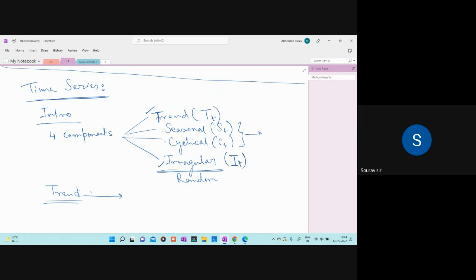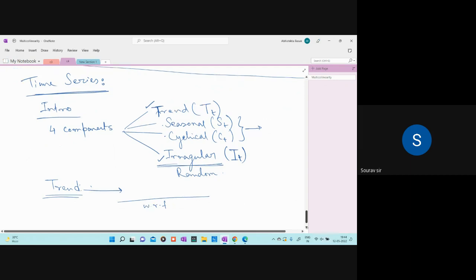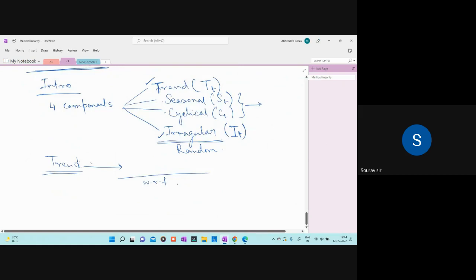It is what we call a secular trend. Over a long period of time, a time series is very likely to show a definite tendency. If we are measuring data with respect to time, it will certainly show a tendency. Either it will decrease, or it will increase, like what you were saying, or it will show fluctuation, randomness.